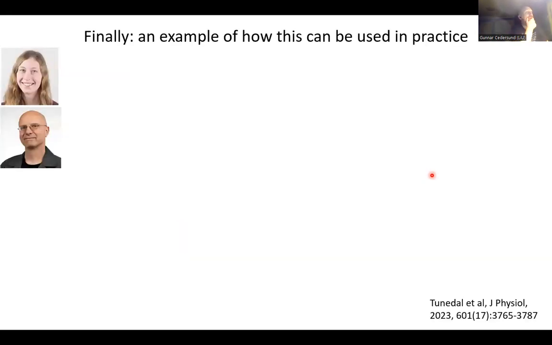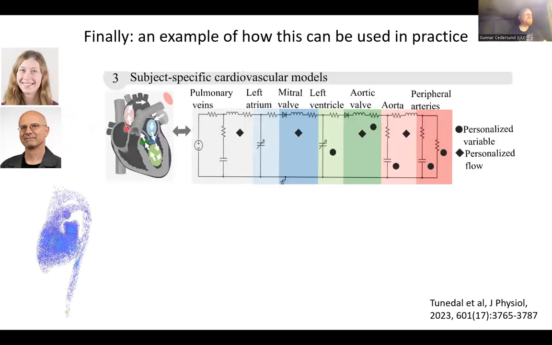Now let's finally look at the slightly bigger example of the actual heart. So here we have a recently published paper in the Journal of Physiology, the same journal as the Hodgkin-Huxley papers in '52, for those who saw the other video. And this is one of the supervisors in the course, Kajsa Tunedal, and Tino Ebbers, her supervisor. And I'm also one of the supervisors to Kajsa. Okay, so here we have a slightly bigger model, but you see it's the same components.